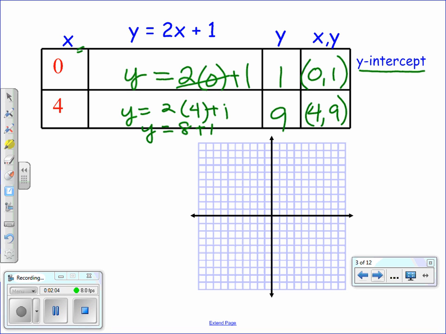Let's see if we can graph from just this much information. We know the y-intercept is (0, 1), right here, and another point is (4, 9). Over 4, up 9.